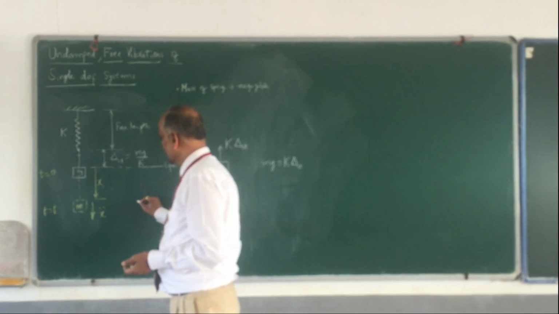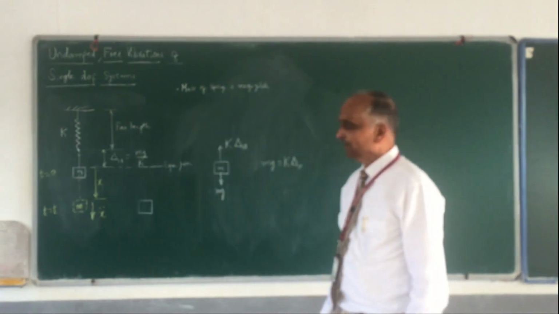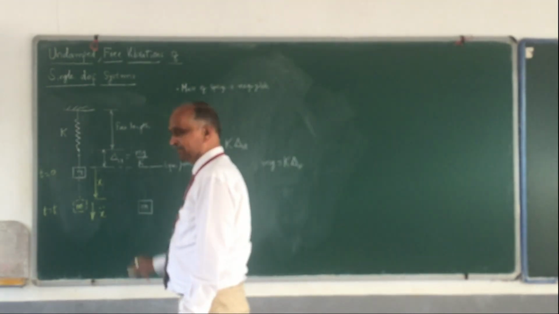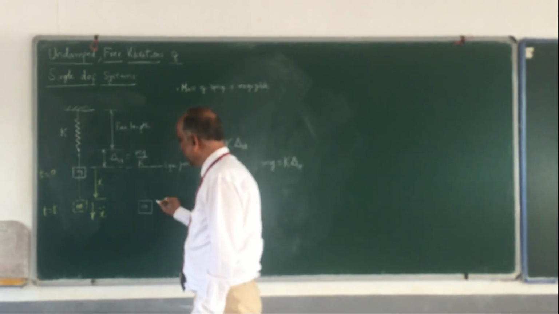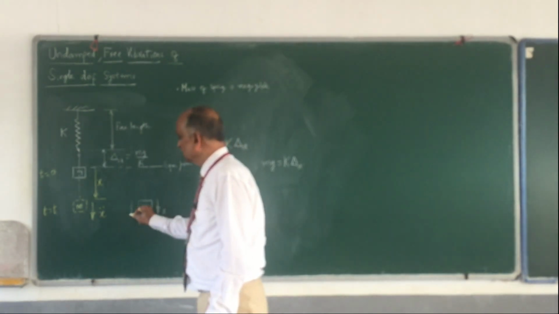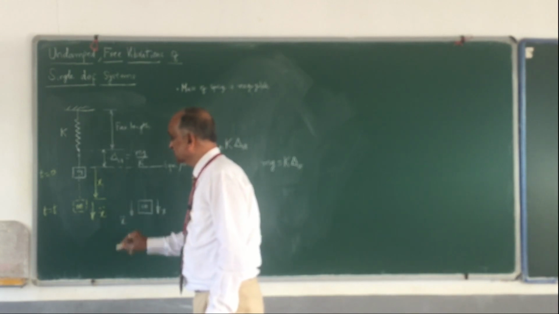But anyway, for the sake of applying Newton's second law, I would like to draw what is called the free body diagram. So what is the mass? This is mass. It has already undergone a displacement x, and remember, it is also moving in the downward direction with an acceleration of x double dot.